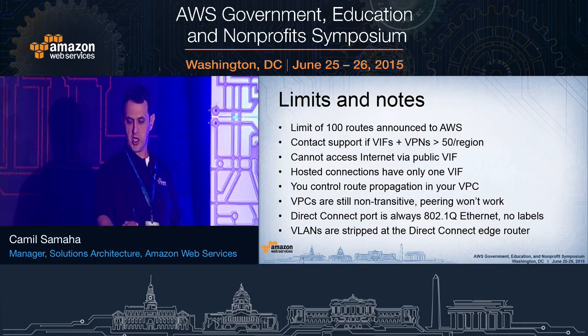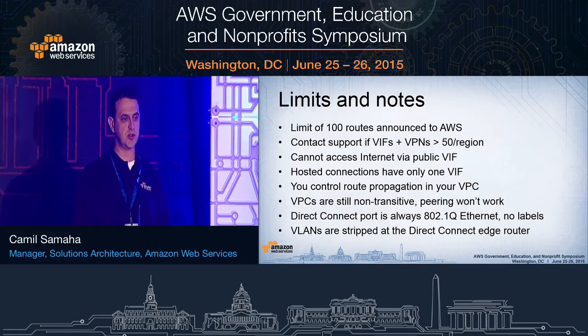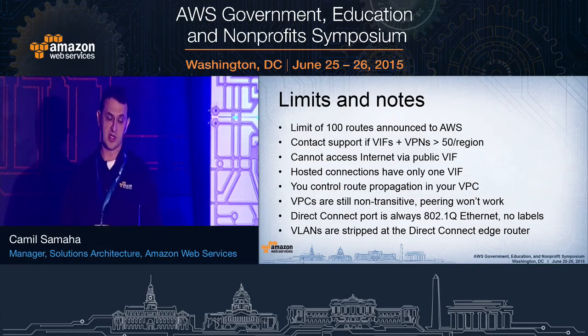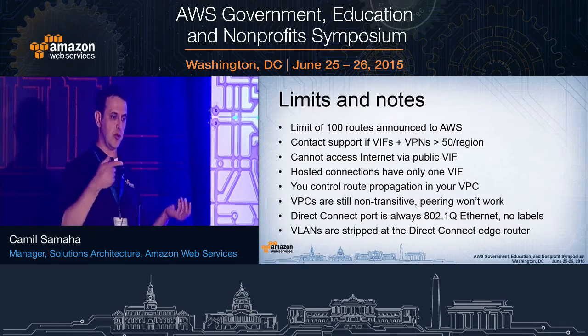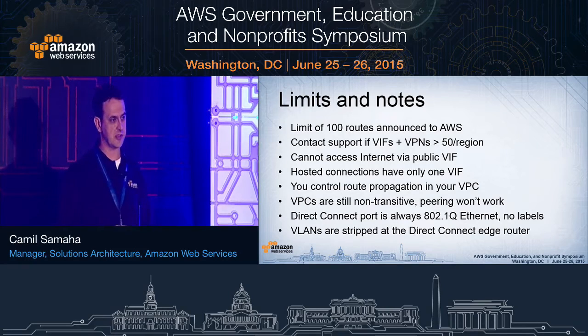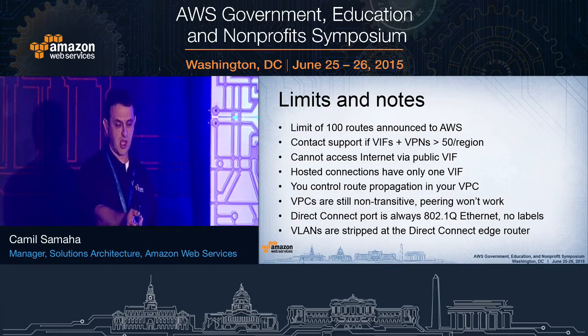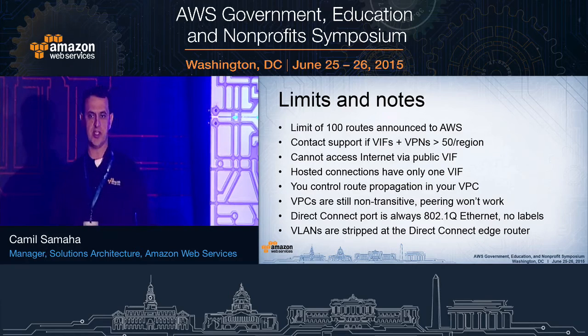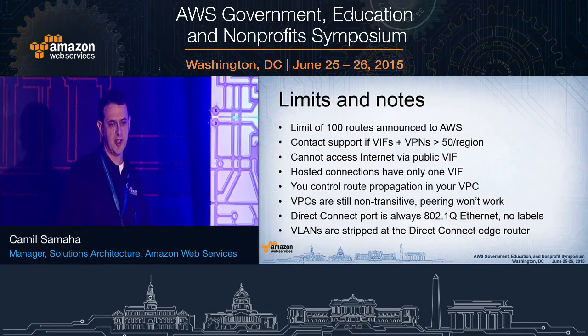You need to ensure that, as I mentioned, the route propagation and routing decisions that you make are based on the routes that we advertise to you. You have some control on which paths to prefer, both using AS path prepend in one direction and BGP local preference in the other. Okay. And again, VPCs are non-transitive, so keep that in mind. It's not really Direct Connect related, but in some cases, it's good to keep in mind when you're doing your overall networking architecture.